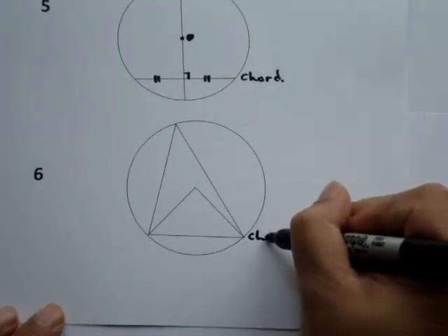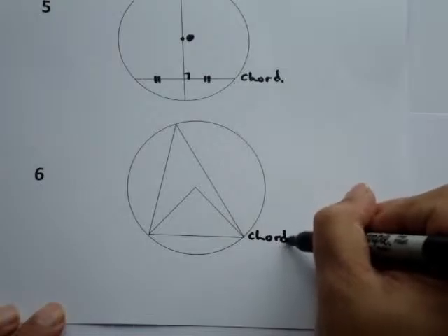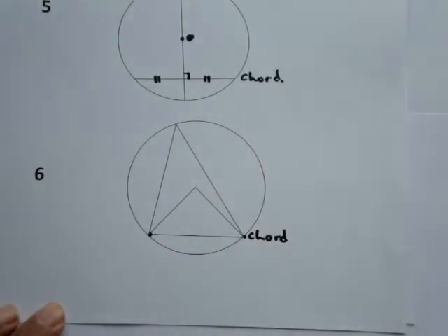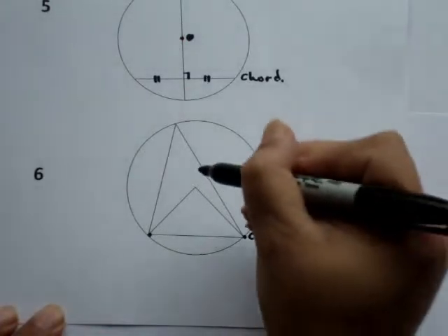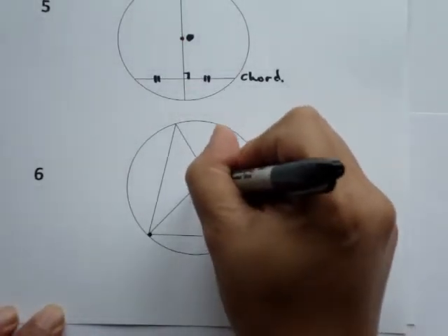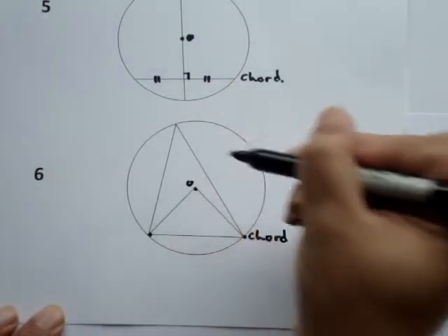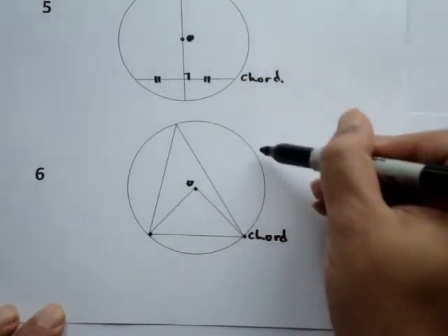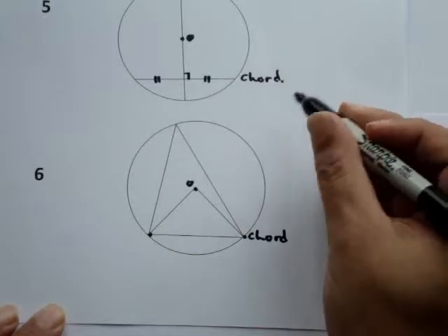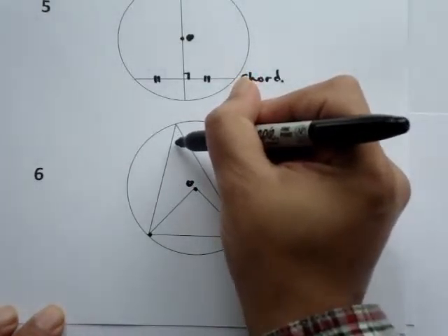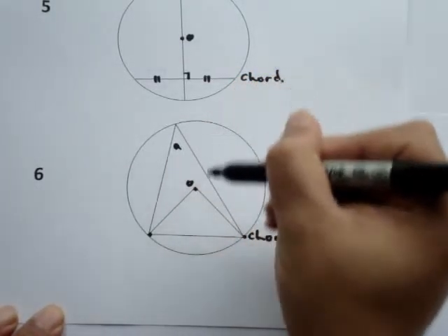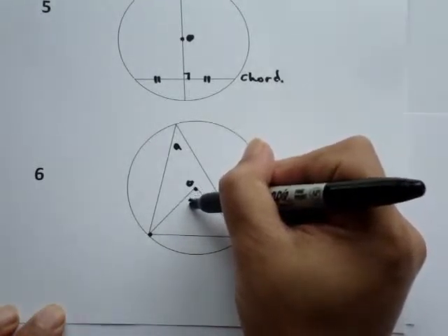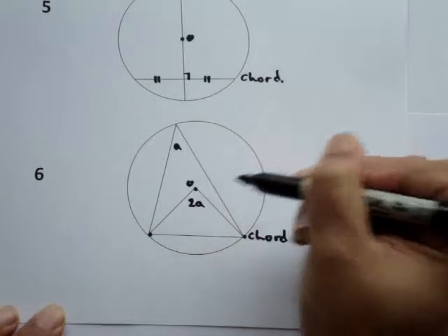If we have a chord shown here to here, and we draw a triangle to the center of the circle and another triangle anywhere to touch the circumference of the circle, then if we call this angle A, the angle formed at the center of the circle will always be 2A.